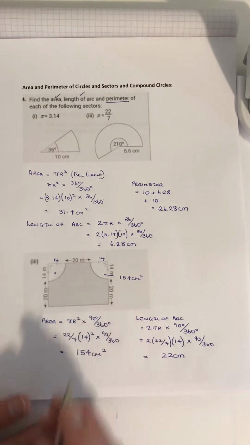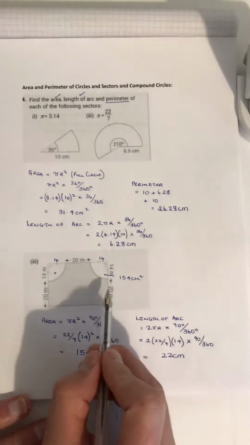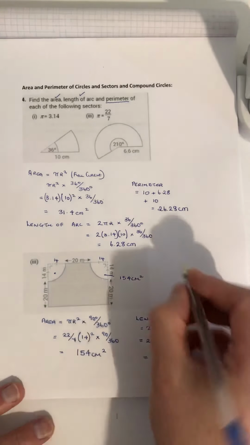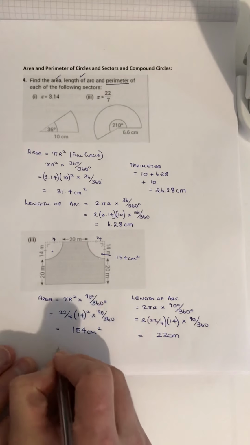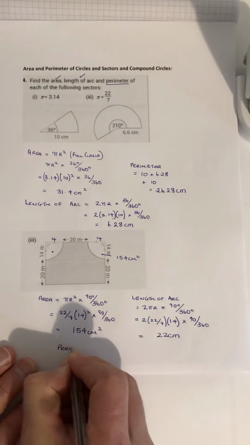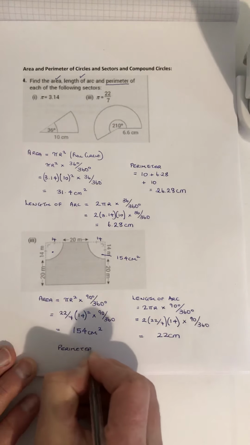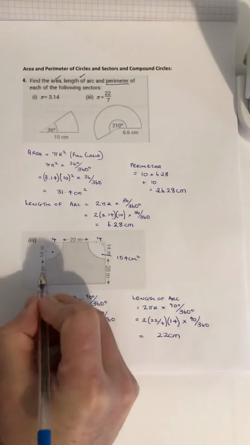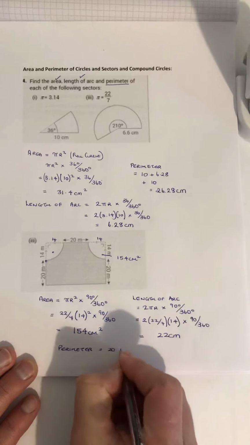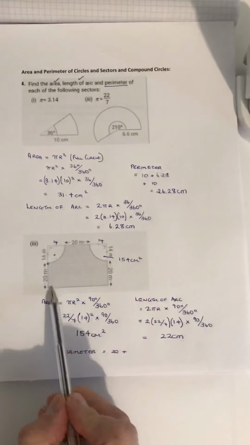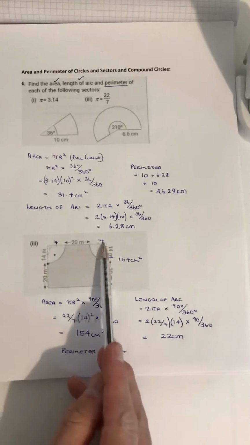Now, if we want to find the perimeter of this shape, so I'll do it down at the bottom, perimeter then, we're going to add up all the sides. So we start here, and we have 20 plus. Now the bottom is going to be the full length across the top.